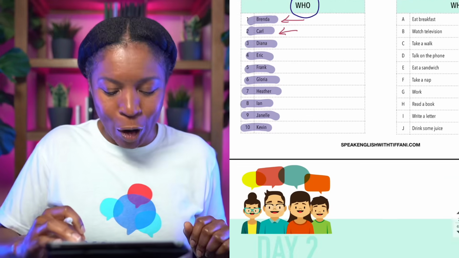His name is Carl. We're still on the who. Now we have a different image. Again, think about having to describe this person to someone who's listening to you. It doesn't matter if you're an intermediate English learner or an advanced English learner. This is a skill that you must master in order to speak English fluently.